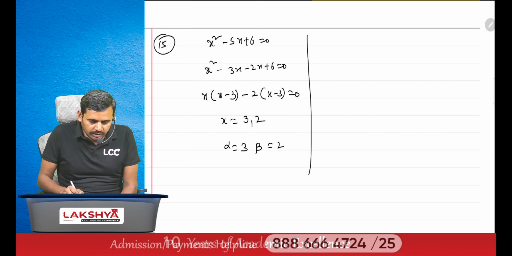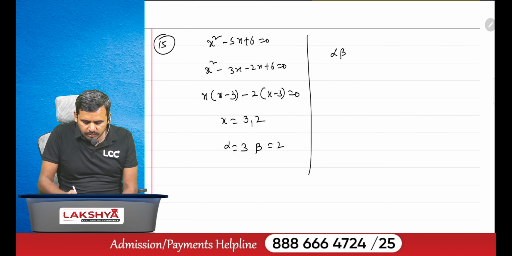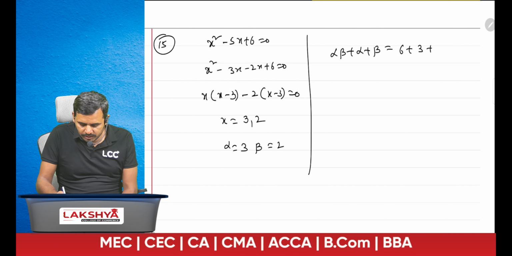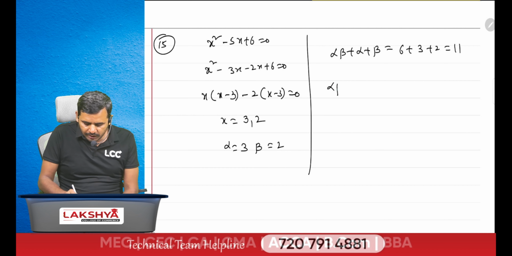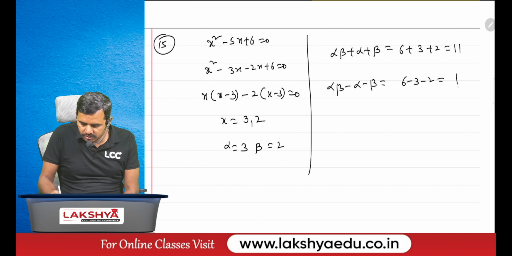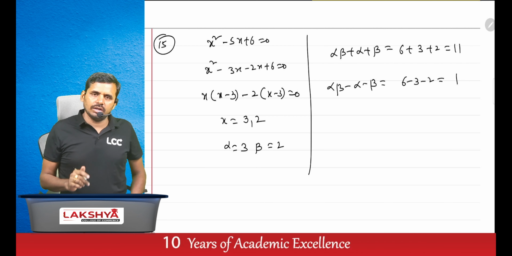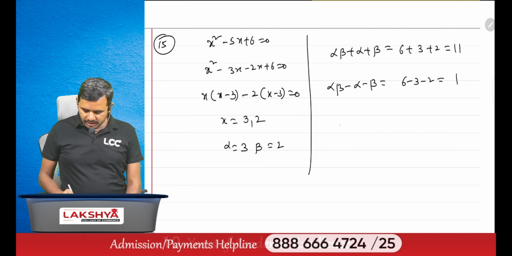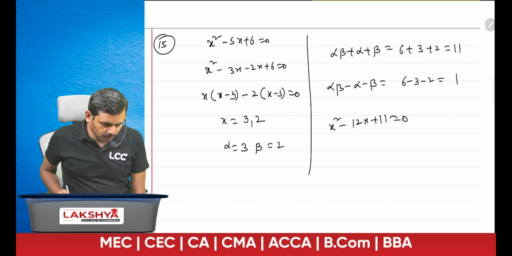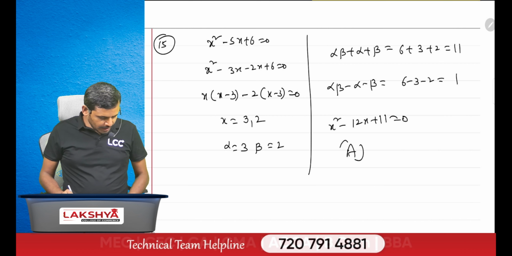Now we want to find a quadratic equation whose roots are alpha beta plus beta, alpha beta plus beta is 6 plus 3 plus 2, which is equal to 11. Alpha beta minus beta, that is 6 minus 3 minus 2, which is equal to 1. Two roots are known, 11 and 1. Now we want to find such a quadratic equation. Therefore, x square minus sum of the roots 12x plus 11 is equal to 0. Therefore, the 15th question answer is A.